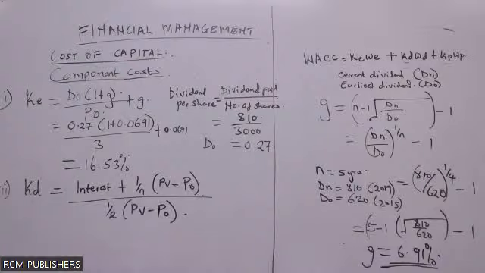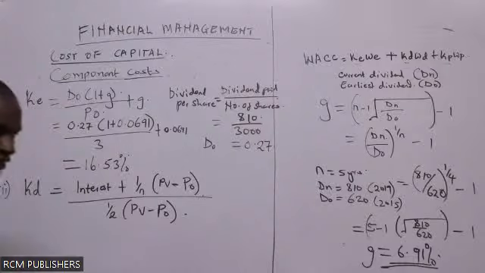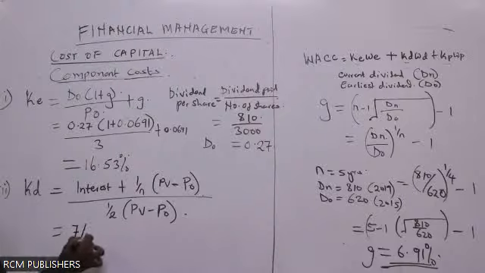So the par value we are given as 100. Hope you can see, par value we are given as 100. What about the interest? Interest will be 7% of 100, so this will be equal to 7 divided by 100 of 100.